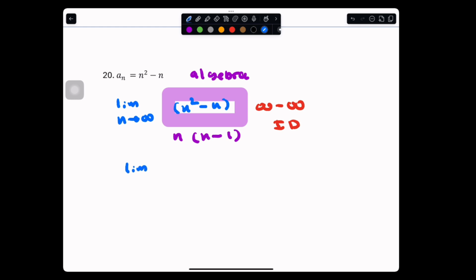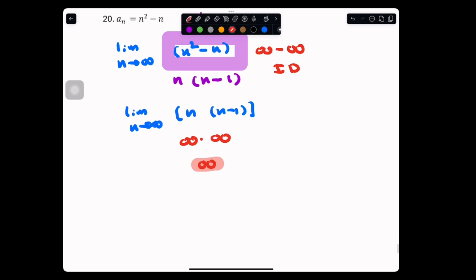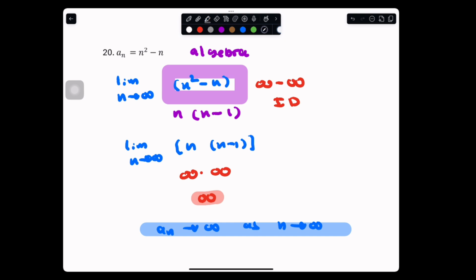So we'll have the limit as n goes to infinity of n times n minus 1, which we now get by the product rule of limits, infinity times infinity, which gives you infinity. So here's what this means, I guess. We can say this: an goes to infinity as n gets big, which again now means your sequence simply diverges here.